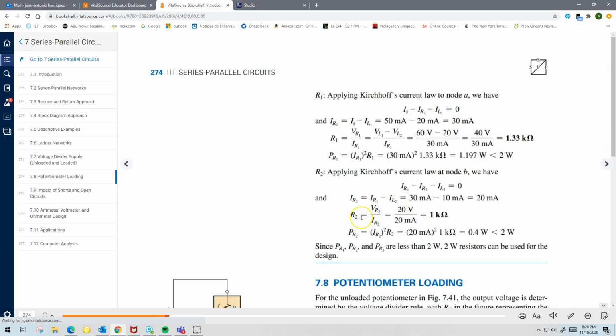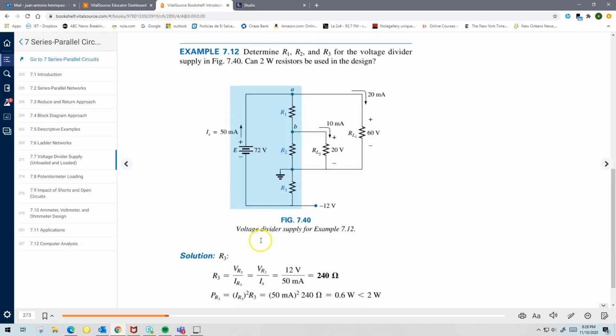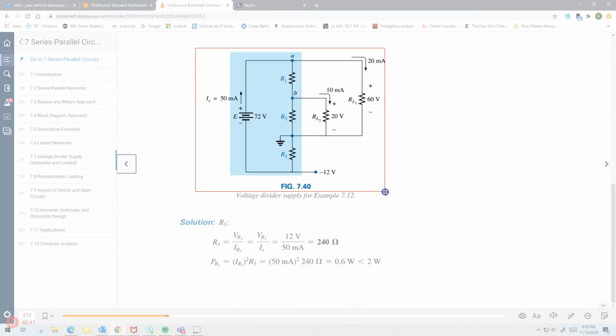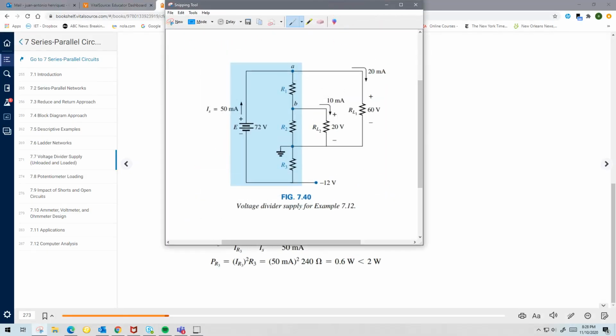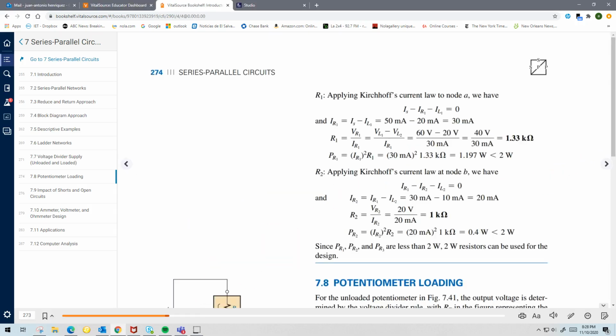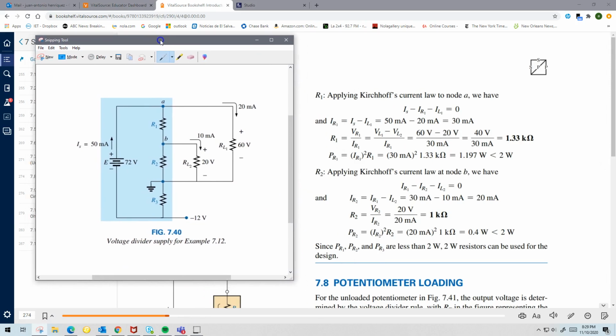Now let's look at the other ones, right? For R1, I'm going to apply, and let's see if I can do this. Let's try this little trick. I'm going to bring up the circuit, all right, and I think you can see that.